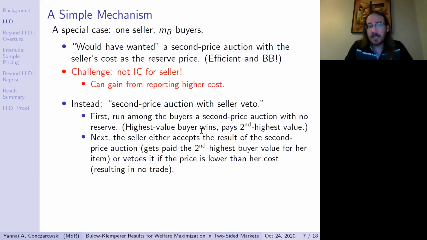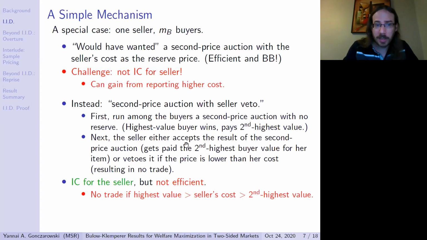And next, the seller has a choice: either accept the result of the second price auction, which means that the seller is going to get paid the second highest buyer value for her item, or veto it if this price is lower than the seller's cost, resulting in no trade. So unlike the second price with seller's cost as a reserve, this is incentive compatible because the seller cannot bid anything different to get paid higher.